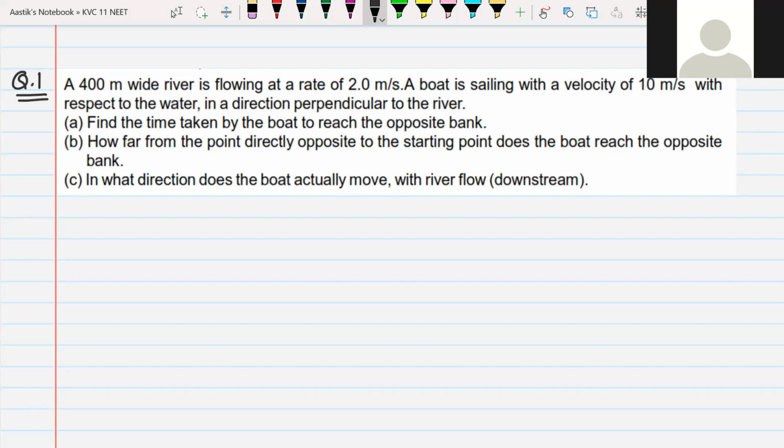The time equals 40 seconds. Correct. That is correct. And drift equals 80 meters. It's not draft, it's drift. Yes, drift is 80 meters.